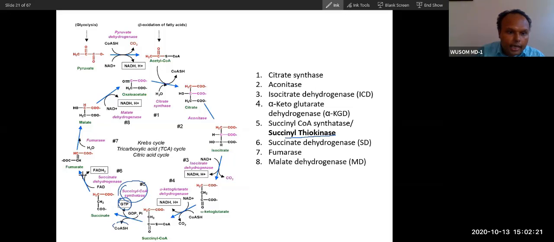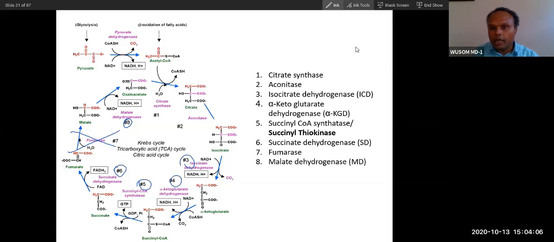Here you can see succinate, again removal of 2 hydrogen from these 2 carbons. This results in fumarate, insertion of a double bond here. This is done by succinate dehydrogenase. Now this fumarate, with addition of water here, becomes malate. Again malate dehydrogenase will remove 1 NAD.